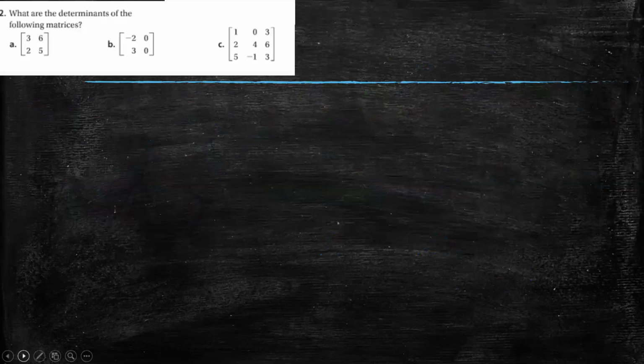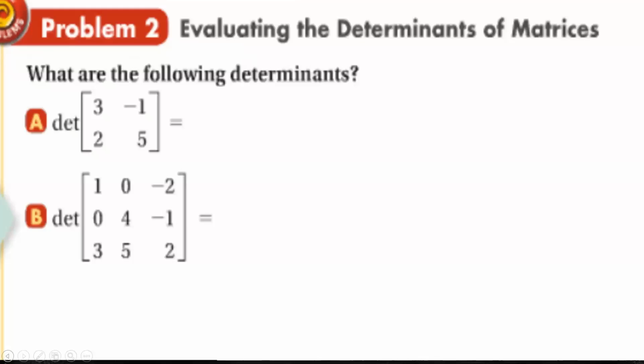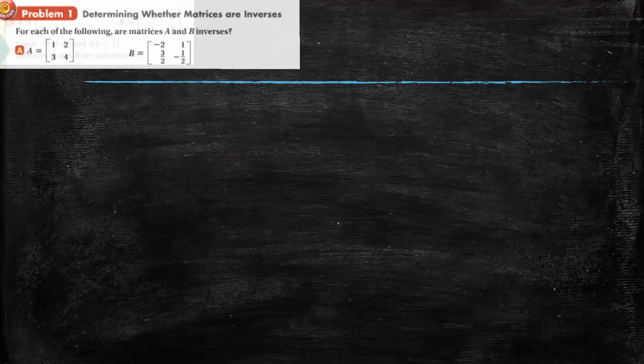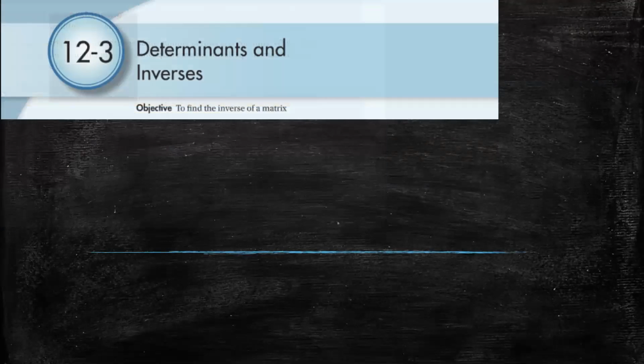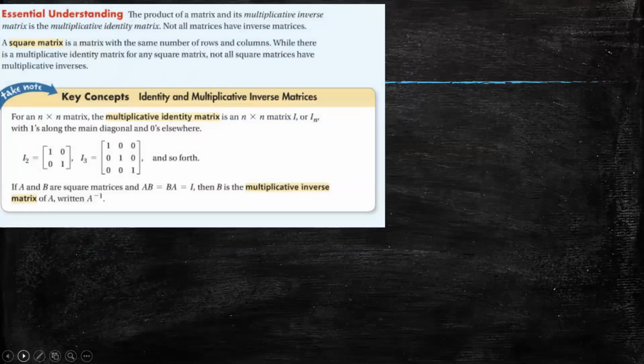So by now we learned, we talked about what the inverse matrix is, and what a square matrix is. Any square matrix that has an inverse, multiplying the matrix with its inverse, you will get an identity matrix, or multiplying the matrix with its identity, you will get the same matrix.